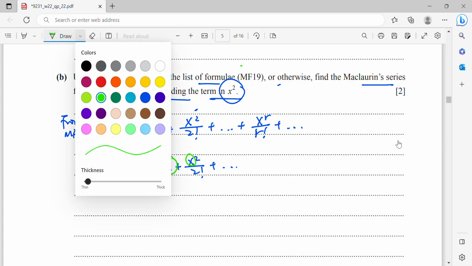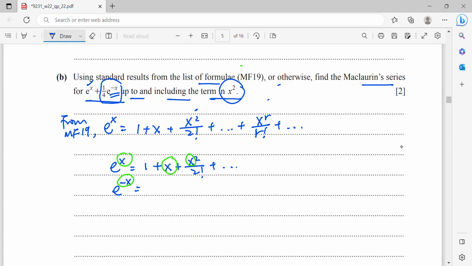So I will get 1 + (-x), and then the third term changes to (-x) squared over 2 factorial. When you simplify, you will get 1 - x + x squared over 2 factorial. These two are the series.